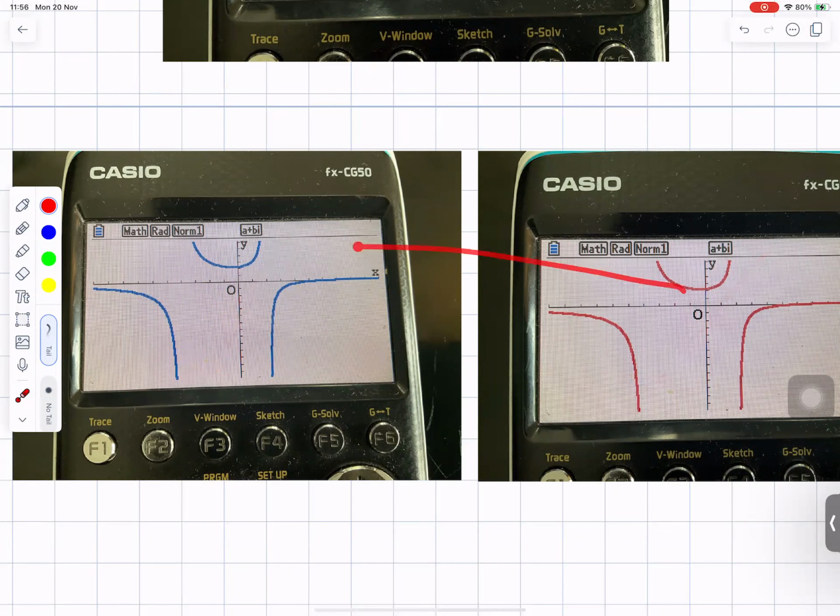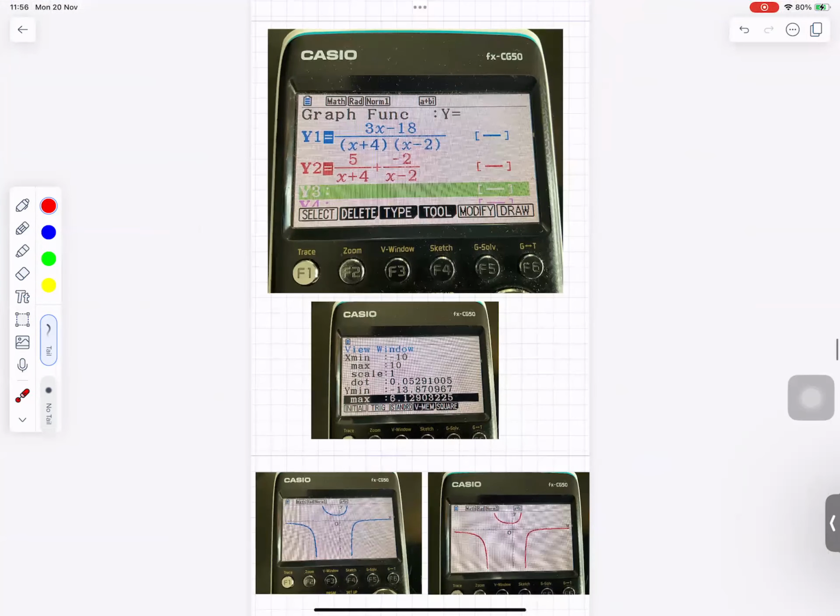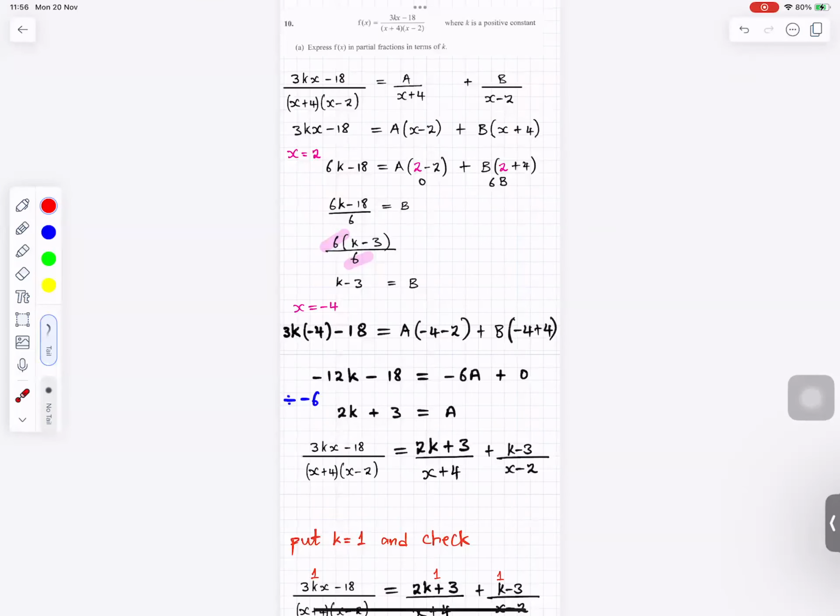They're exactly the same. So that means we did change it correctly. So that's the complete way to check it with your graph. And that's the working out for question 10. So you substitute x is 2, x is minus 4, and you get the 2 answers there. We split into partial fractions.